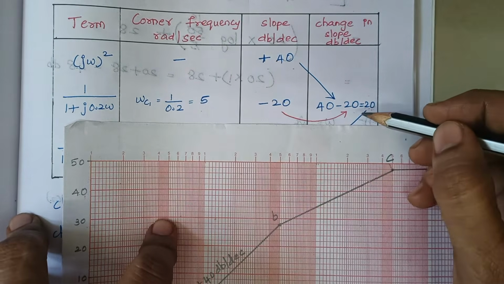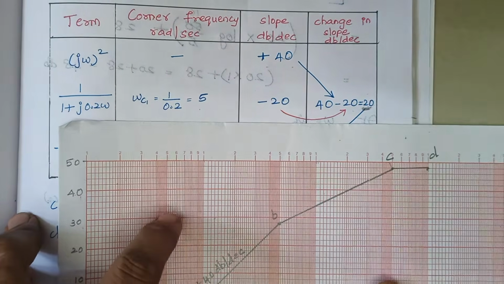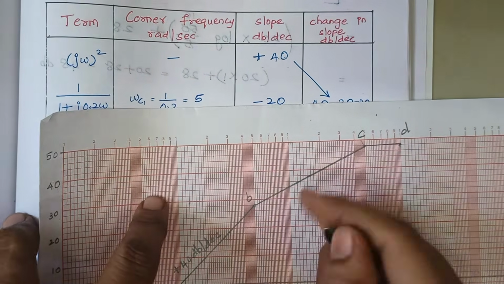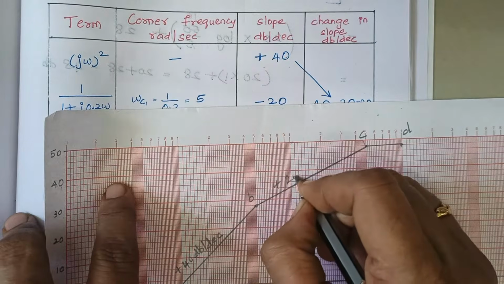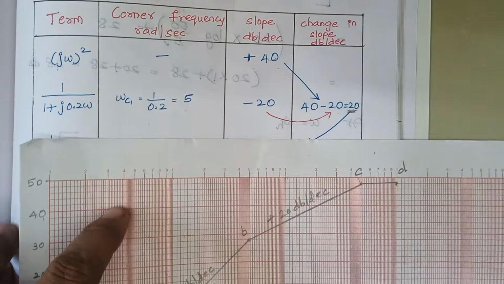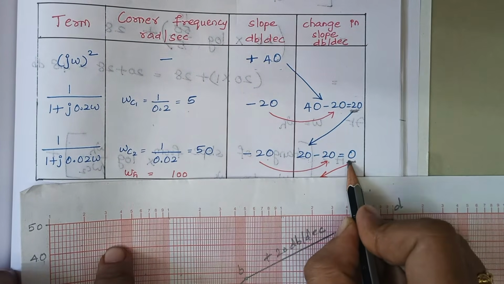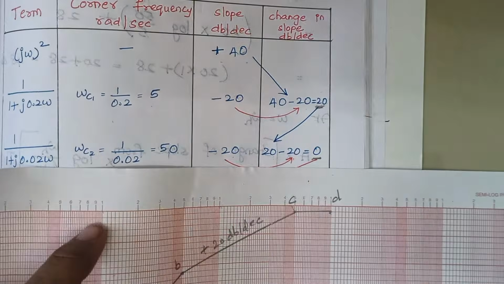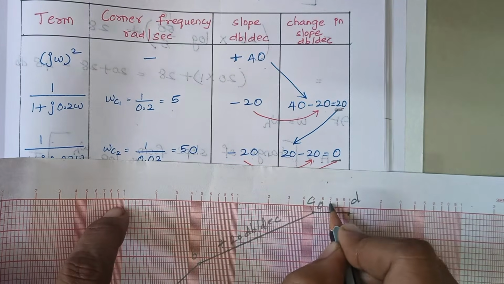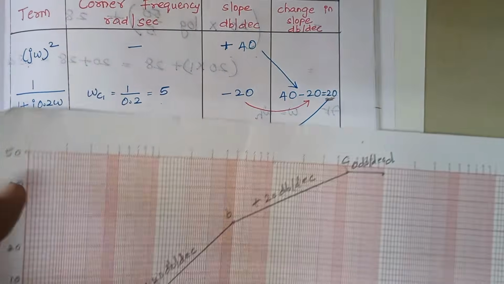So what is the change of slope? The change of slope is 20 decibel per decade. So between B and C, you have to write plus 20 decibel per decade, right? And when you look at the final change of slope, the final change of slope is 0 decibel per decade. So between the point C and D, we have to write 0 decibel per decade, right?